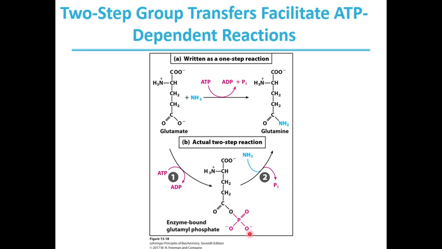As a result, this carboxyphosphate compound forms, and then ammonia attacks this carbonyl carbon, which is now activated, thereby releasing phosphate, resulting in glutamine. So, in principle, ATP is facilitating a chemical reaction by making the substrate have a better leaving group. And the thermodynamics that follows this is what drives the reaction.